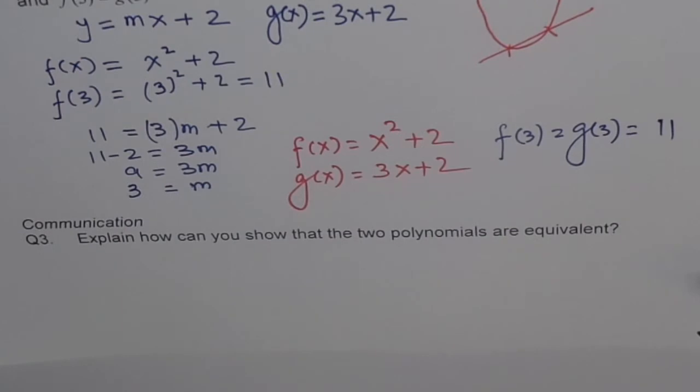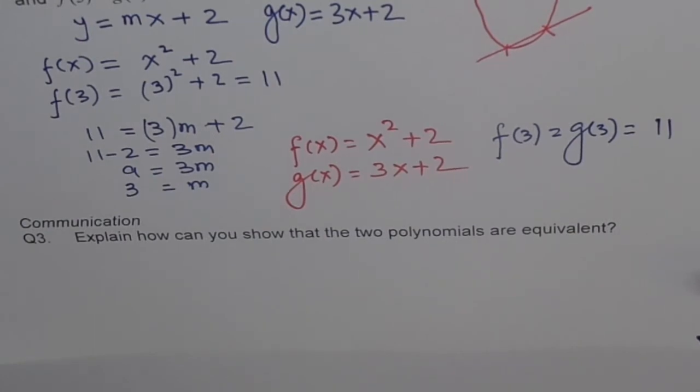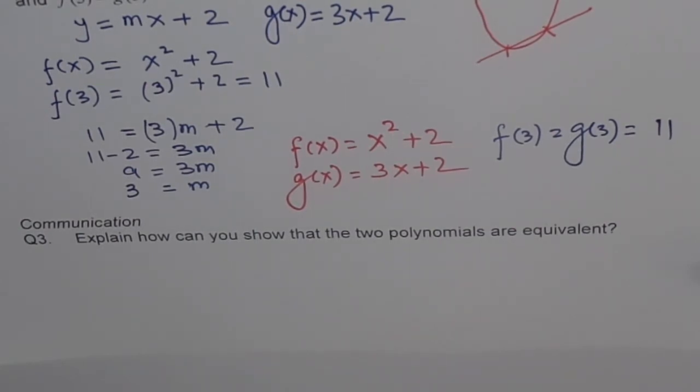Just test a couple of values. If even the first value gives you different answers, a different output for the same input, then they are not equivalent polynomials. Thirdly, we saw that if you sketch the graph of the two polynomials, and if the graphs are exactly the same, then the two polynomials are equivalent, correct?